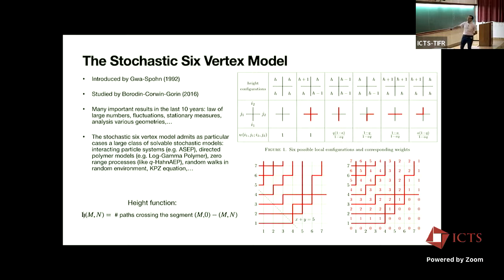The stochastic six-vertex model can be interpreted as a model of random growth by interpreting the paths as edges of a certain random staircase.